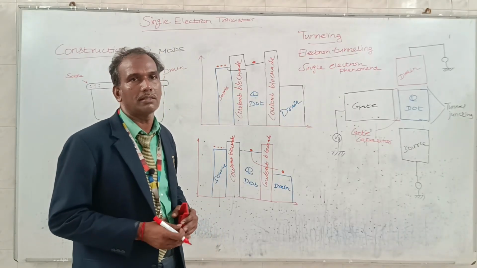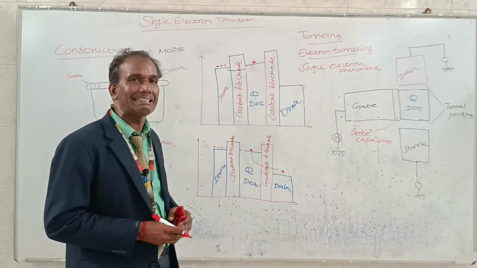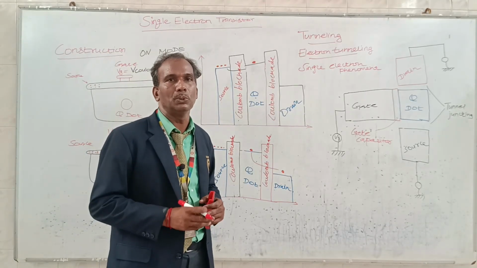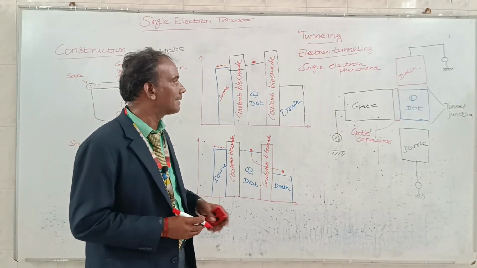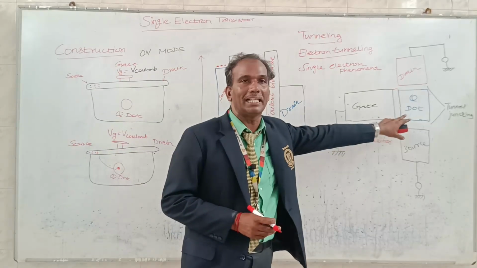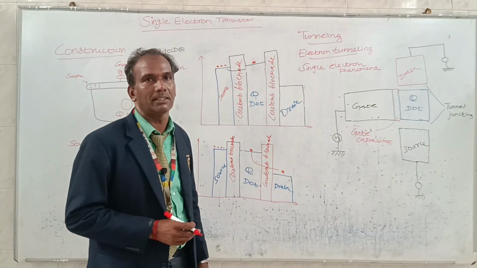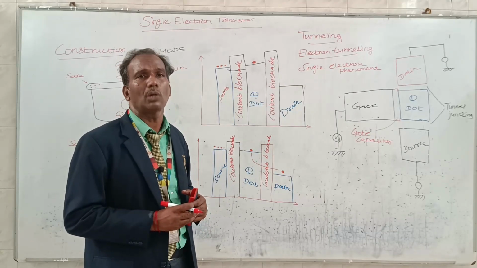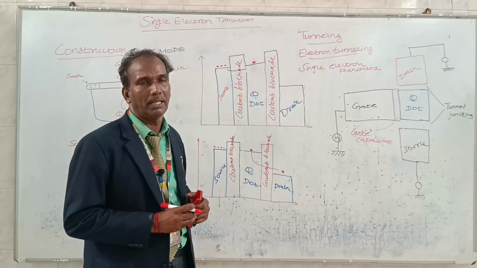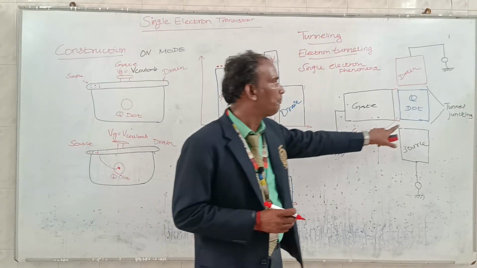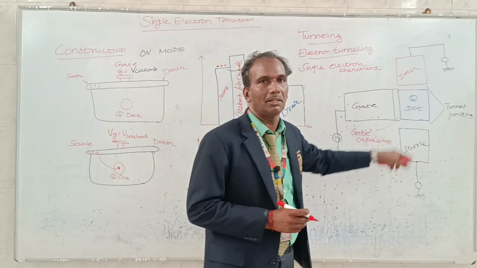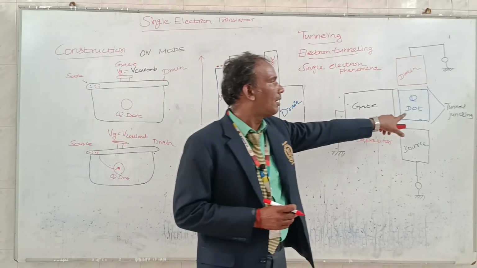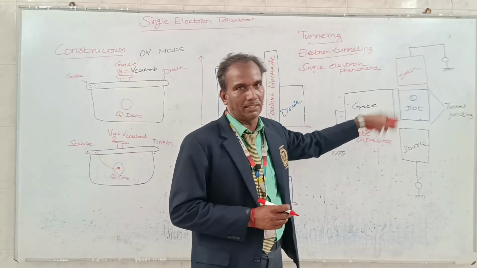The other rule is overcoming the uncertainty, which is used to keep the quantum dot electronically isolated. As we discussed earlier, the quantum dot is also called an island because it is surrounded by insulating material. That's why the quantum dot is electronically isolated.